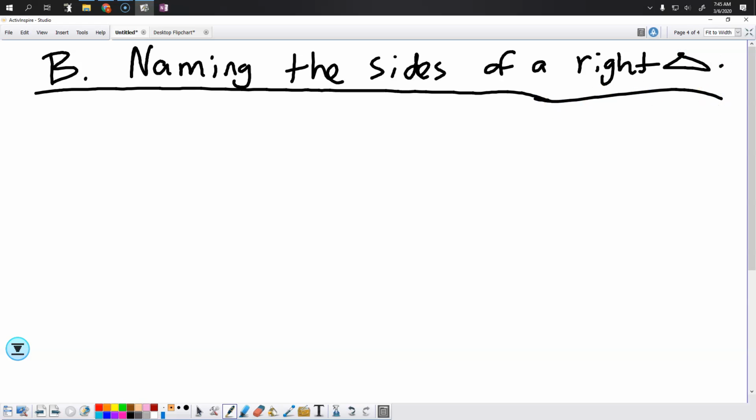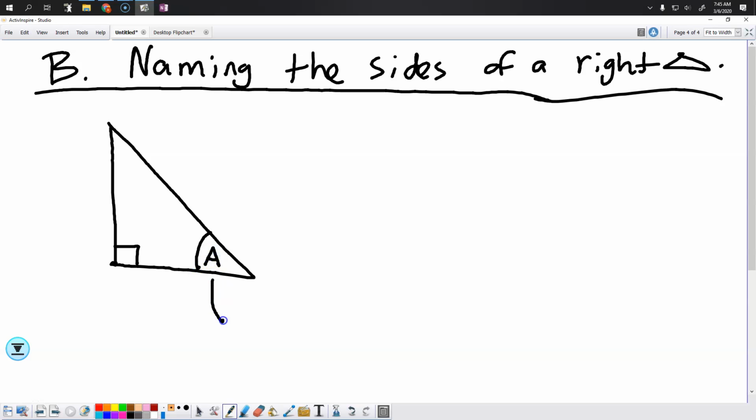Naming the sides of a right triangle. Okay, here's how we're going to go about this.